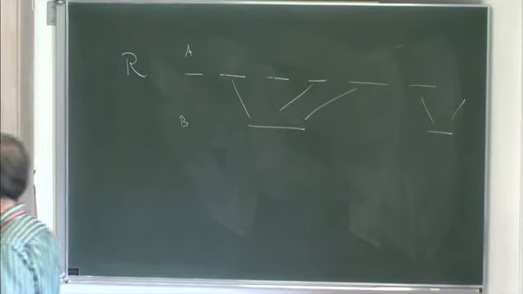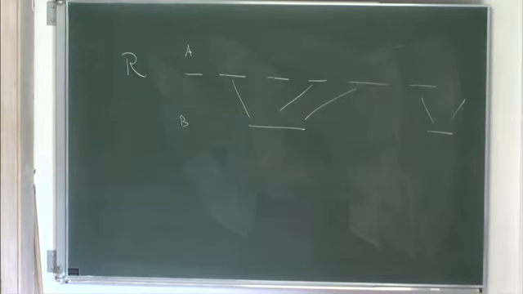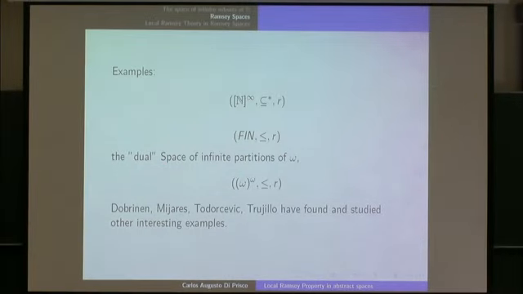But we also should keep in mind another space, which is the dual space of infinite partitions of omega. In this case, we look at a partition of omega into infinite sets, and we can order these parts by looking at the first element of each of them. We order them like this, etc. We have all these partitions.